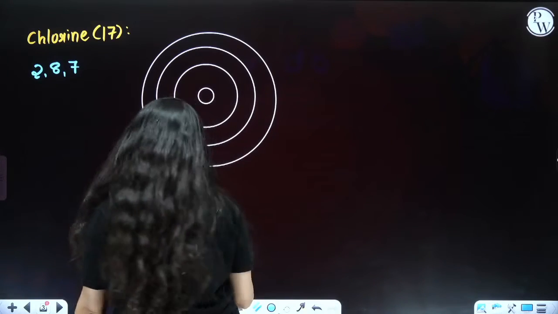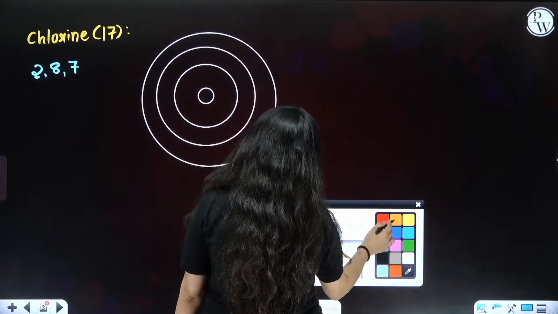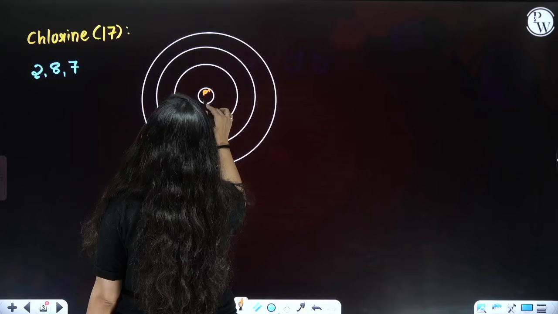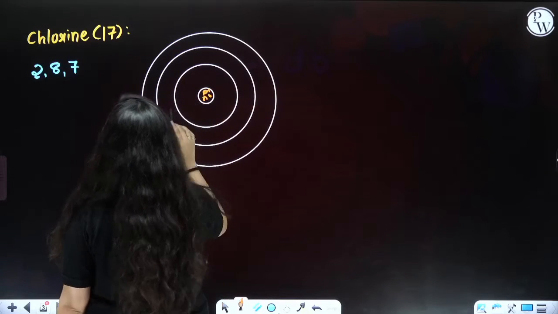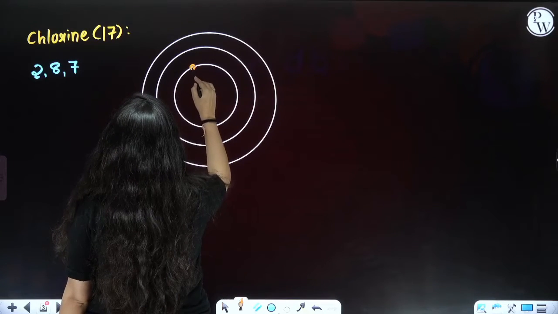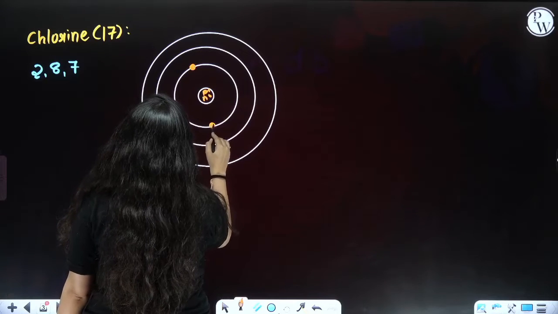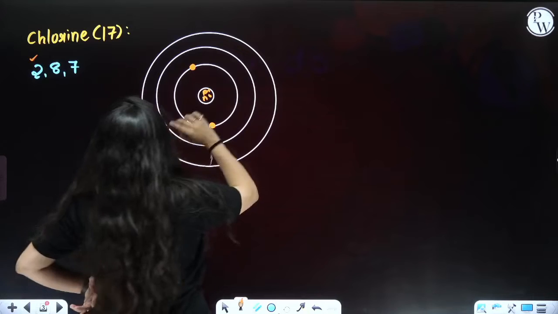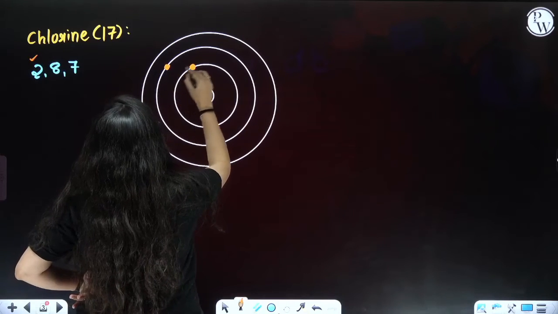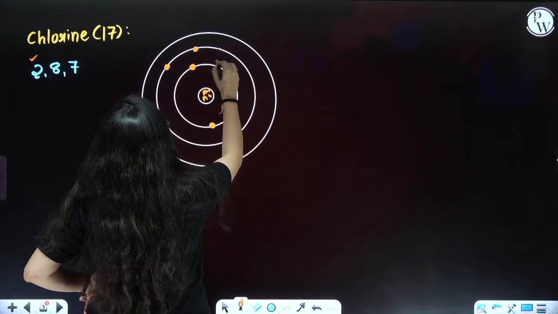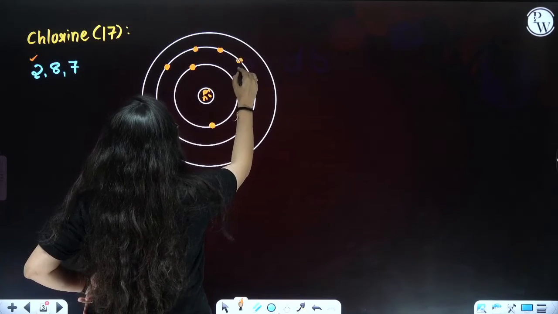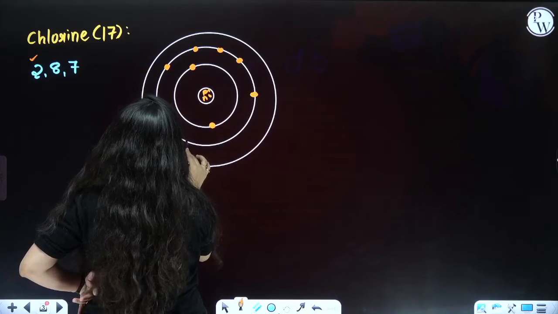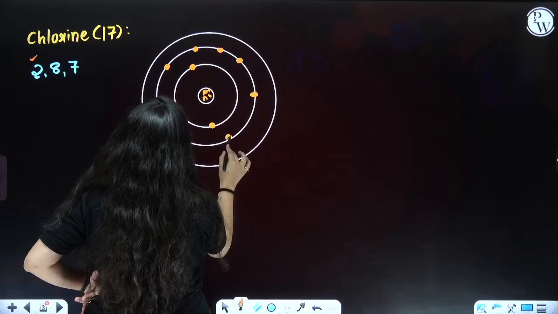So now we will put those electrons over here. See, this is proton and neutron. Okay, fine. So this is 2 electrons here. Okay, first shell done. Now come to second shell: 1, 2, 3, 4, 5, 6, 7, 8.